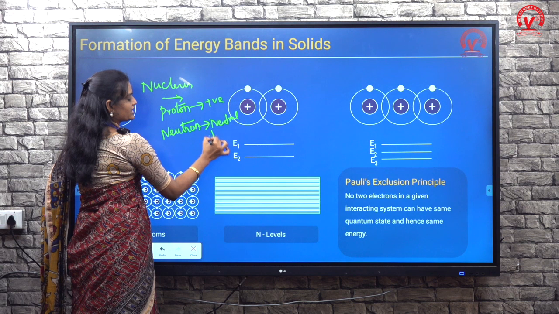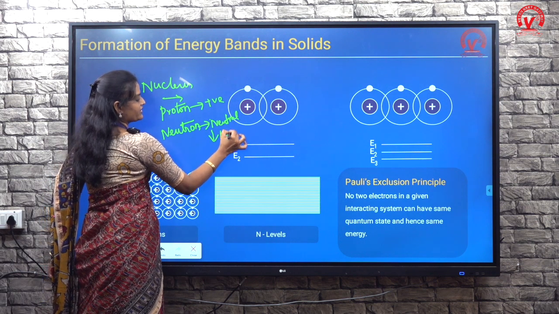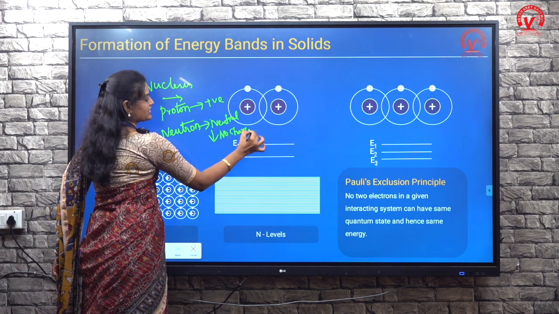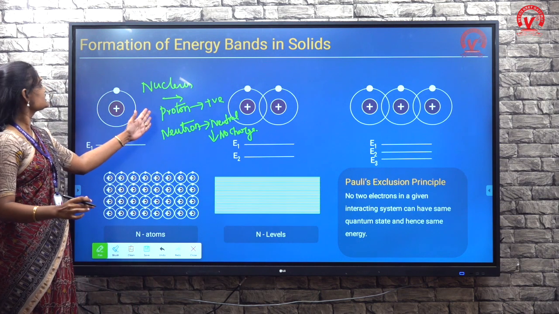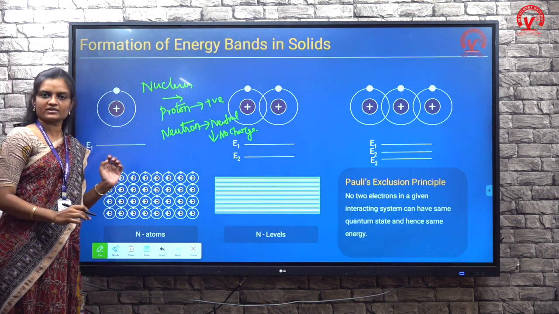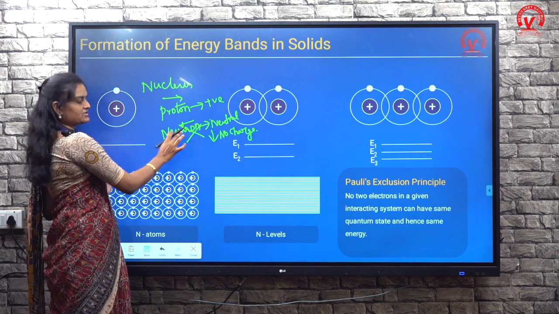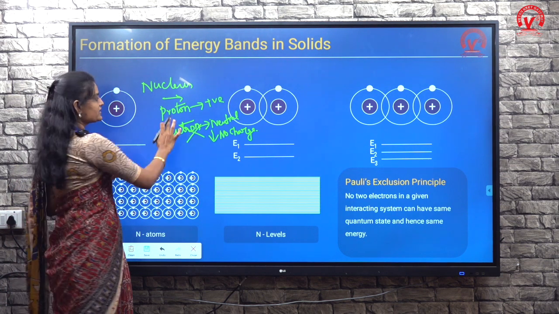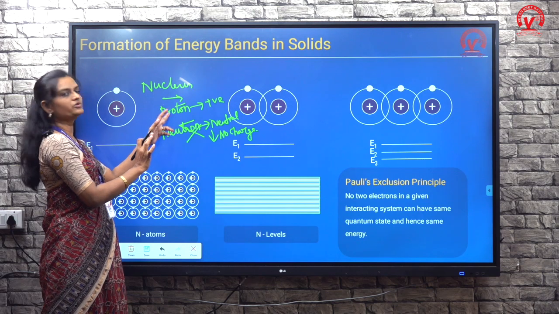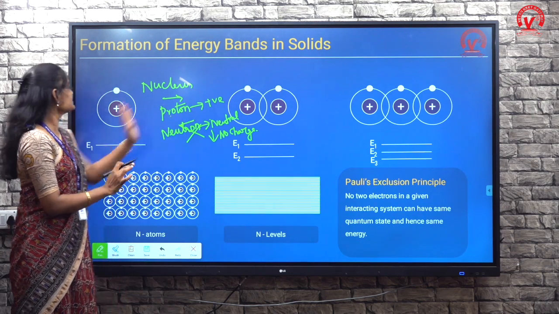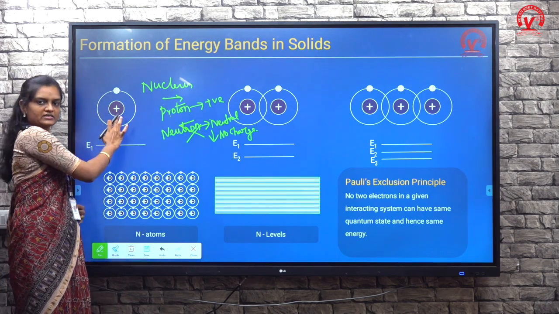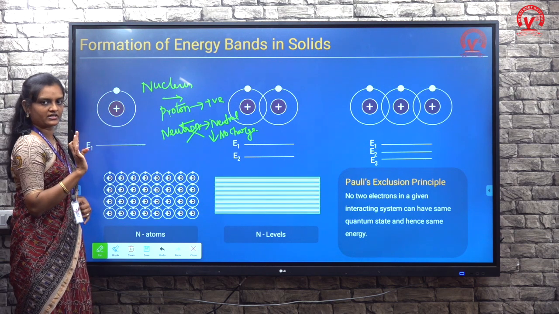It has no charge. So what is the charge of the nucleus? Neutron does not have any charge, so the charge of the nucleus is due to protons only. So it is a positive charge.